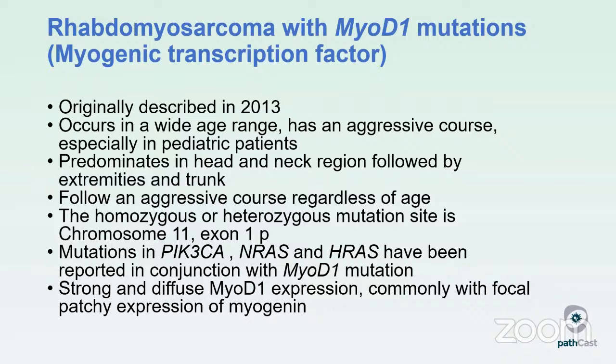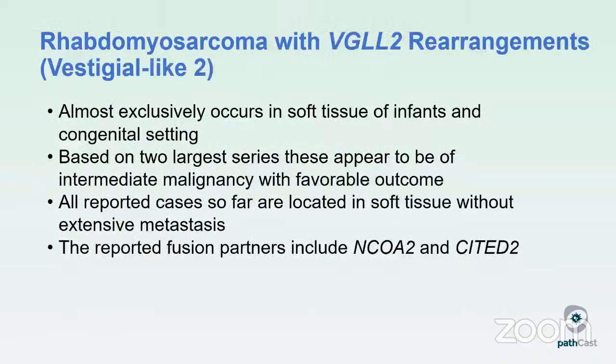In addition, some mutations in PIK3, NRAS, and HRAS have been reported as well. It's characteristic to show diffuse and strong expression of MyoD1 with focal or patchy expression of myogenin. So the ones with MyoD1 mutations occur in adult and pediatric population, and follow an aggressive course.